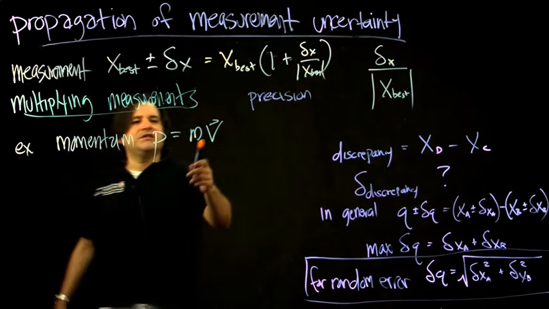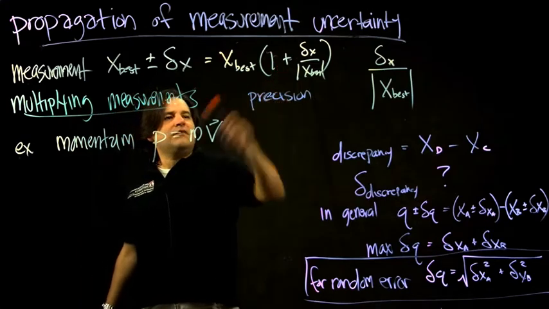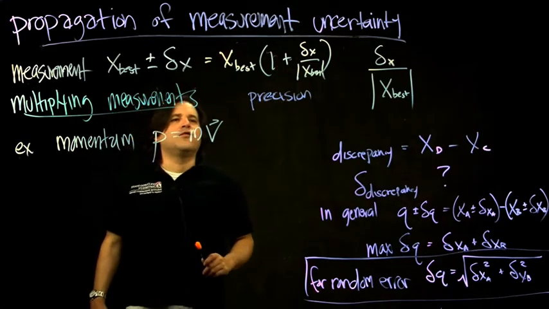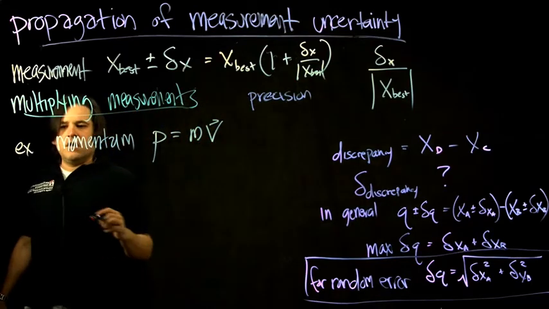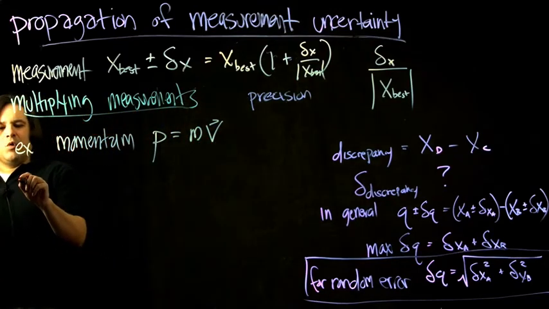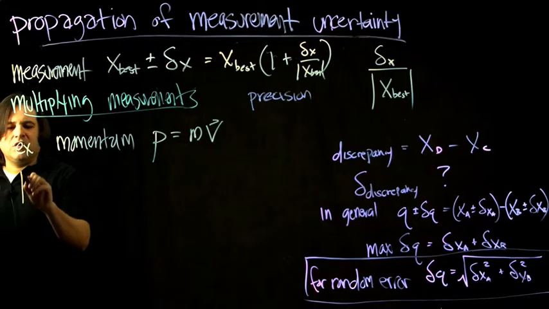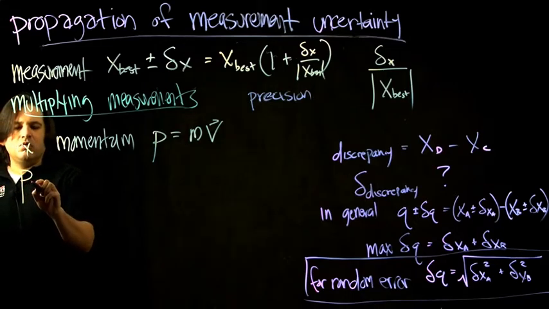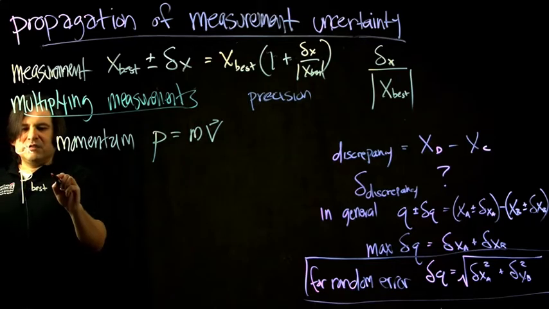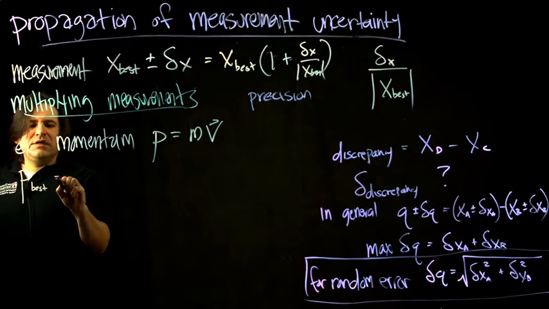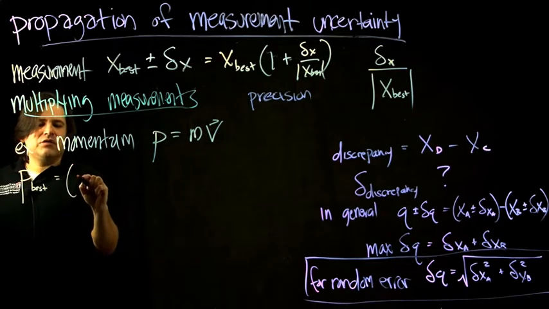So let's apply this form of the measurements to see what happens. The measured momentum will be based on other measurements, so it will become its own best estimate. It's the product of these other two best measurements.